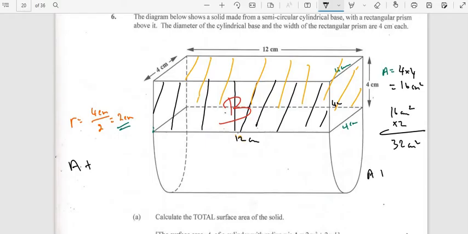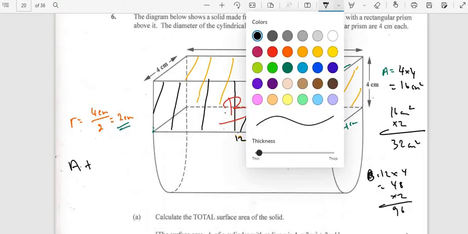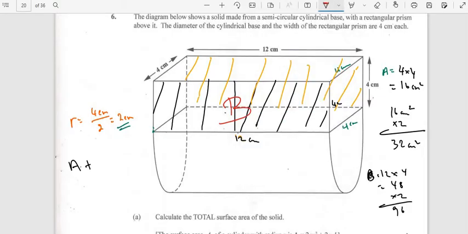So the area for B is equal to 12 times 4, which will give us 48. And of course, we want to multiply that by 2, get 96. Why multiply by 2? Because we have matching faces. The opposite faces are the same. Because you have B in front, you're going to have B behind here as well.